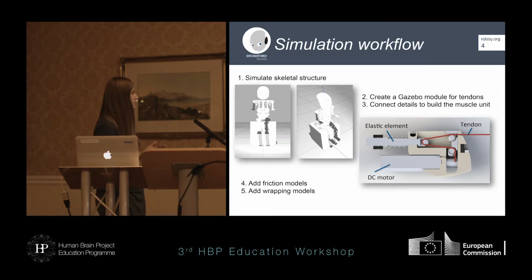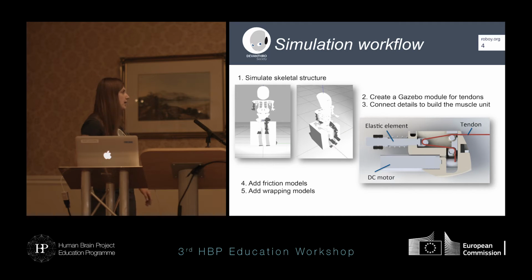Next thing, so we have the skeleton and we also already need muscles. Just for your information, there is a muscle unit, so we have a motor, a spring here, and a tendon, which is inserted to some point on the body. So this tendon coils up on the spindle, contracts, and this corresponds to the contraction of the muscle.